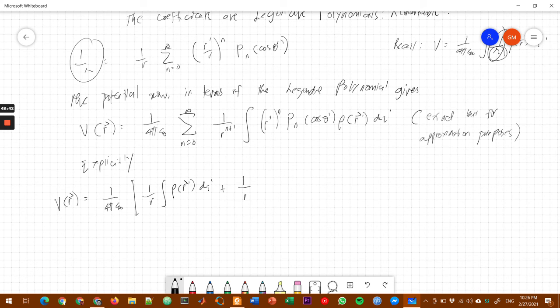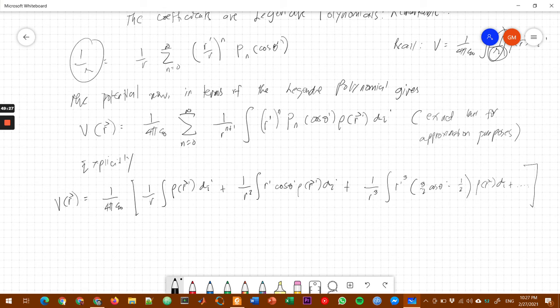That would be 1 over R squared na, R to the 1, okay, or just R prime cosine theta prime, then your charge distribution theta prime, plus for n equals 2, that would be 1 over R cubed, okay, then the integral R prime cube, then this coefficient, and so on, okay, summation.